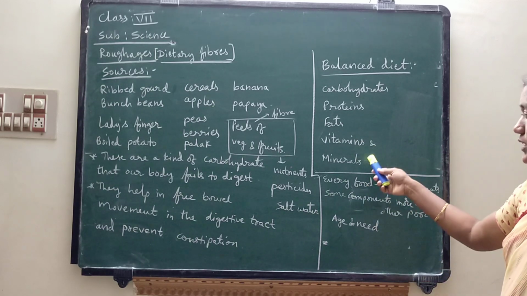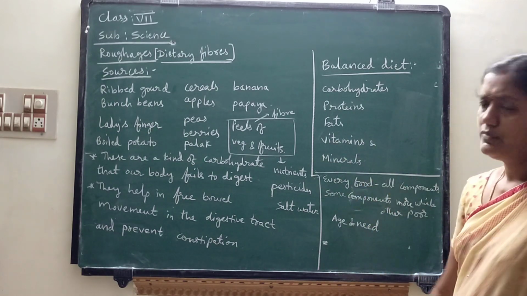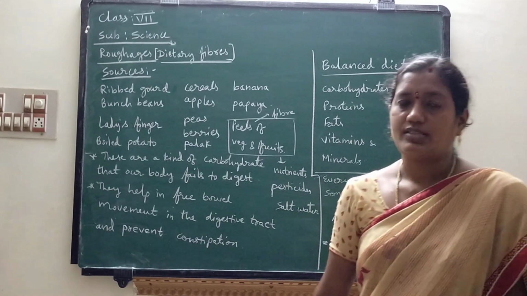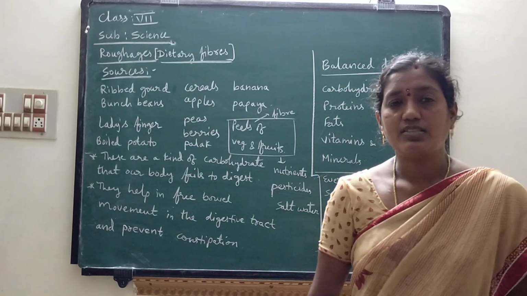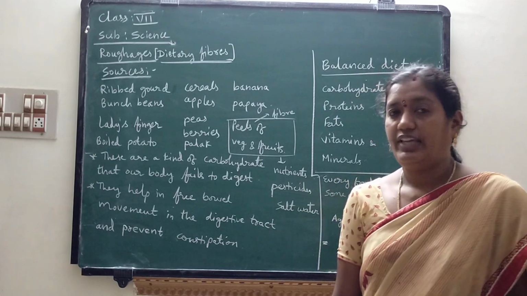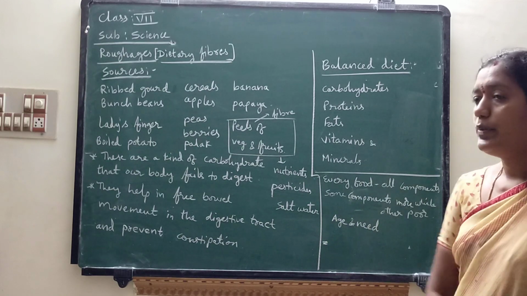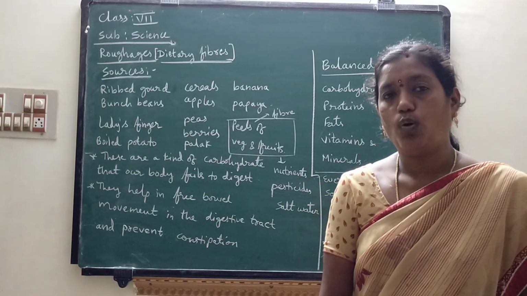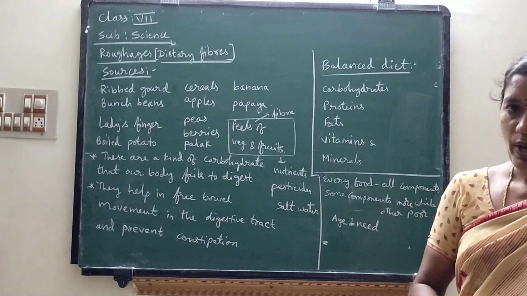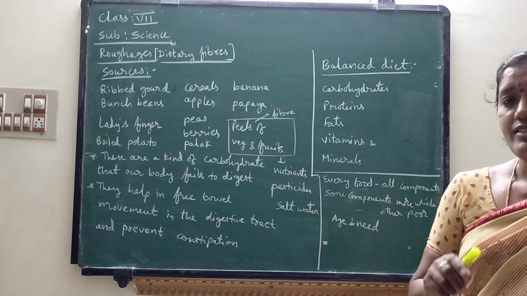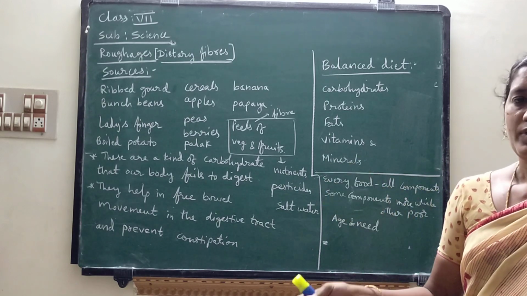Next you see here, every food item contains all components, that means carbohydrates, proteins, fats, vitamins and minerals. But some components in that food item are more. Suppose rice is rich in carbohydrates, but it also contains minute amounts of proteins and fats.